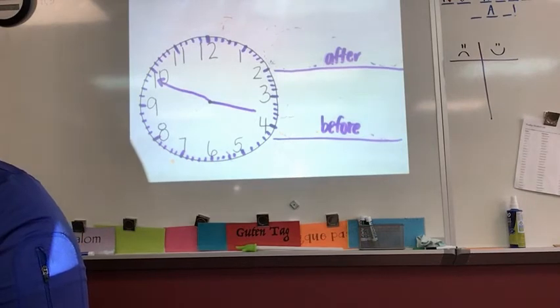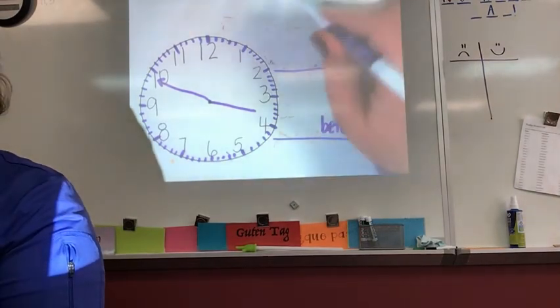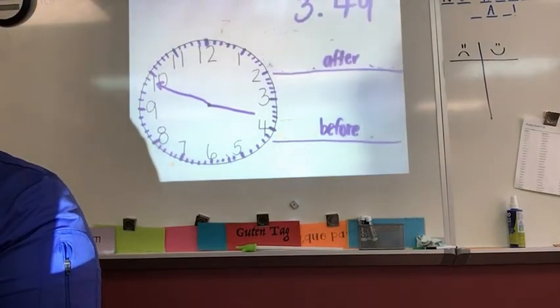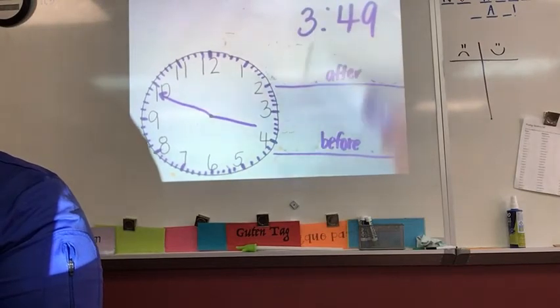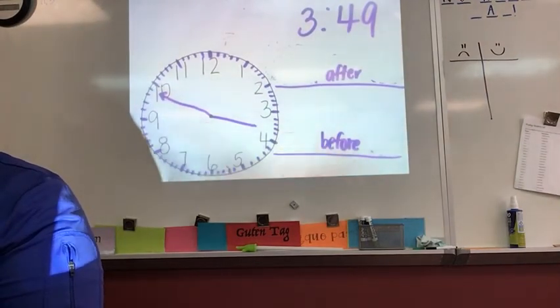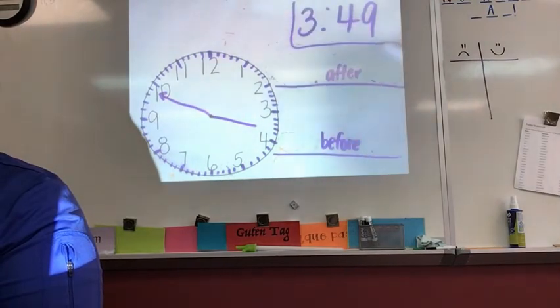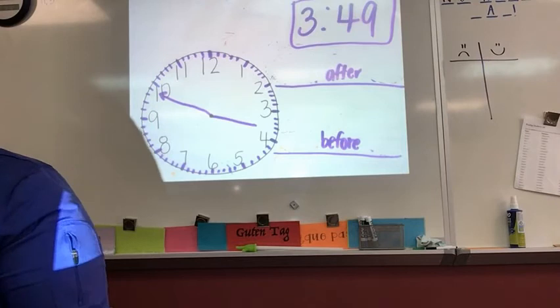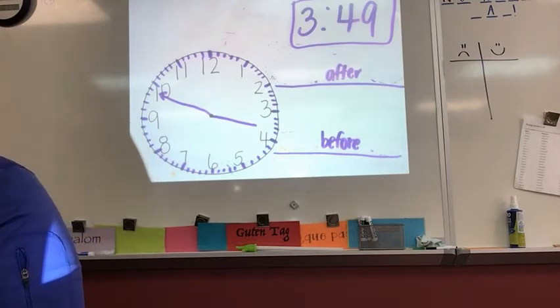This time I'm gonna say is 3:49, and I got that because it's 1 minute before 3:50. That's why I didn't have to actually count. Go ahead and find how many minutes after the hour and before the next hour that would be.